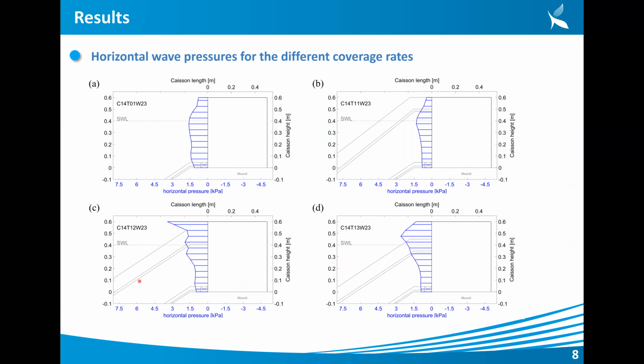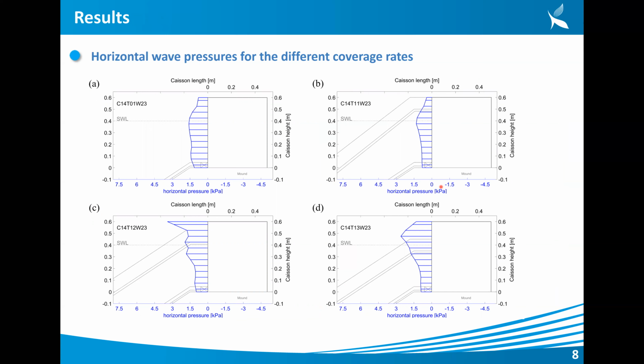This figure shows an example distribution of the measured wave pressure along the caisson according to the 4 different coverage rates. The wave pressure significantly reduced over the entire caisson when it was fully covered with tetrapods and rubble stones.